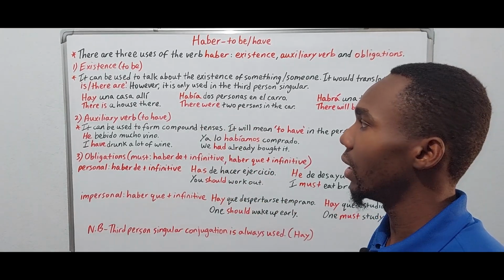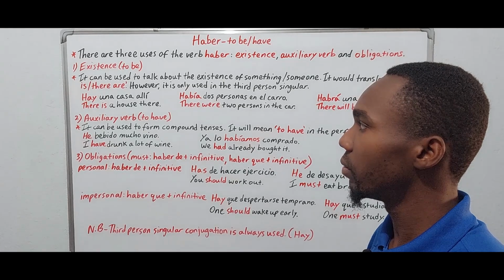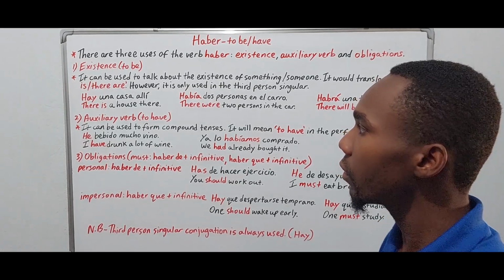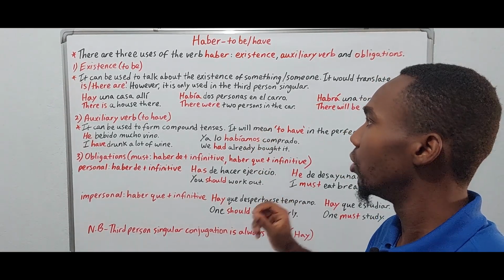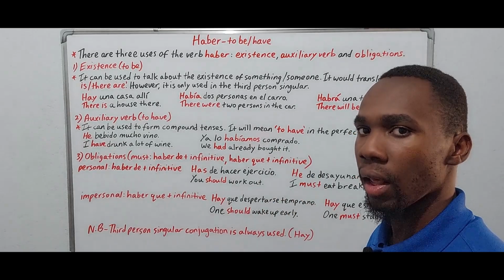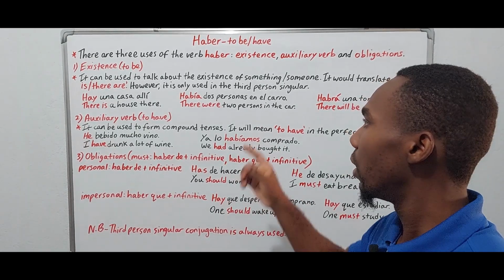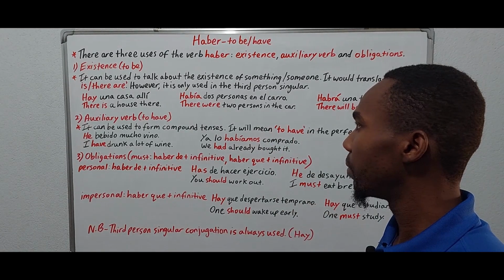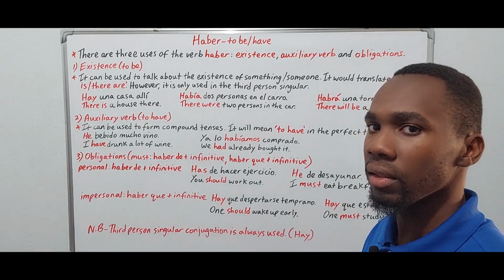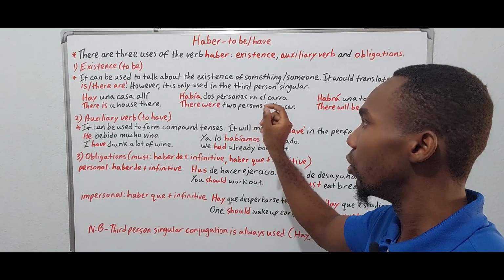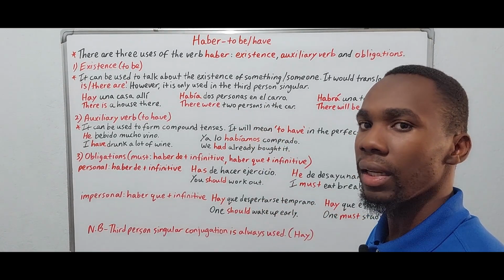Hay una casa ahí. There is a house there. Right? Había dos personas en el carro. There were two persons in the car. It would be incorrect to say habían dos personas en el carro.